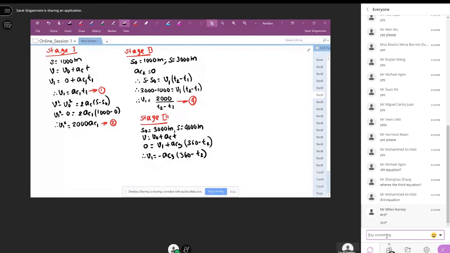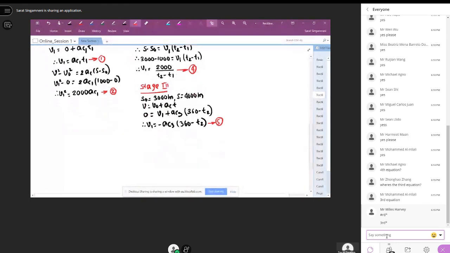Still, we are not seeing any bright light. They're all getting into different equations, say equation 5. Then in this, we can also use V squared minus V0 square is equal to 2AC times S minus S0.